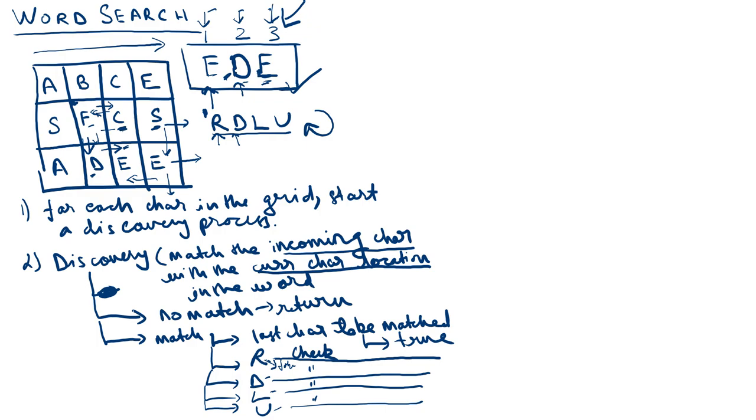That is another thing. And now the question will be, how do I do the discovery process if I want to go in this right direction? It is simply a repetition of what you have already done. So the next character, which means the character next to this incoming character in the right direction. For example, if you are at the F cell and you want to go to the C cell, you have to go in the right direction.